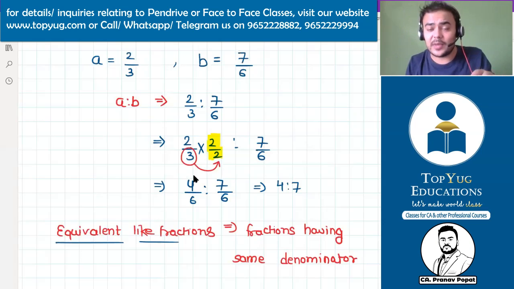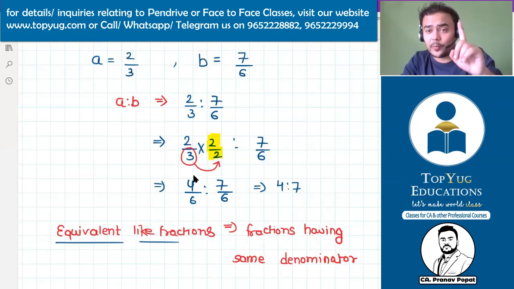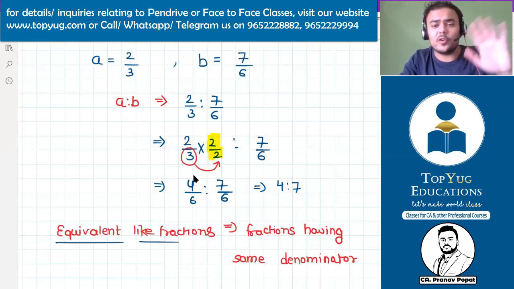Equivalent like fraction means having the common denominator. Till the time they don't have common denominator, we cannot directly write them in the form of ratio. So let's convert them by multiplying by 2, dividing by 2. And you already knew in property number 1, whether I multiply the same thing to the antecedent and consequent or divide by the same thing, there is no problem at all. The ratio will remain the same.